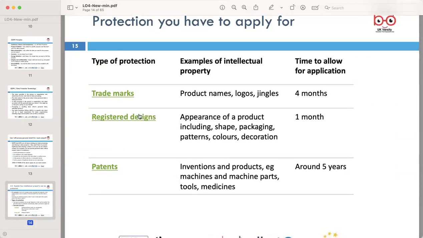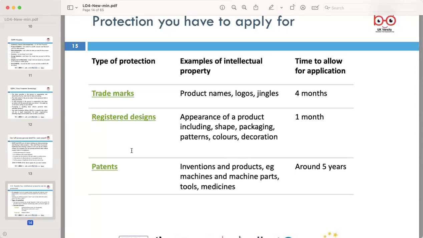Trademarks are applied for protecting product names, logos, and jingles, with an approval period of 4 months. Then registered designs are applied for safeguarding the appearance of a product, covering shape, packaging, patterns, colors, and decoration. The approval process takes up to 1 month.